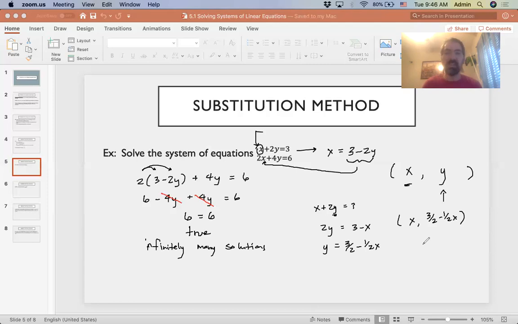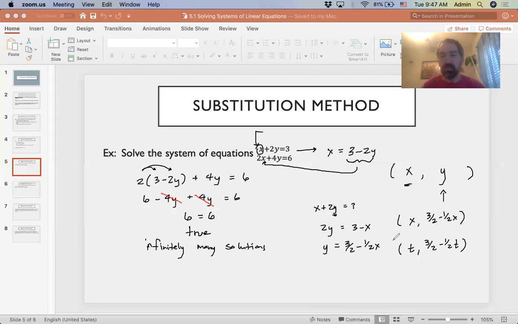So if it says to write your answer in terms of t, instead of writing your answer in terms of x, you just write t. Nothing really magical about that. x is just a variable, so it doesn't matter what you call it. You can call it x, you can call it t. Same thing. So pay attention to those directions and note how they want you to write that variable.